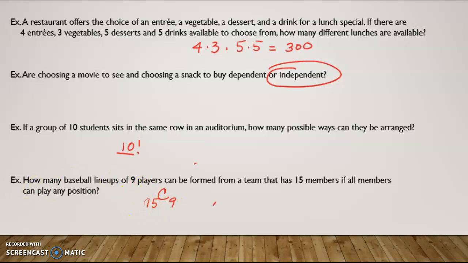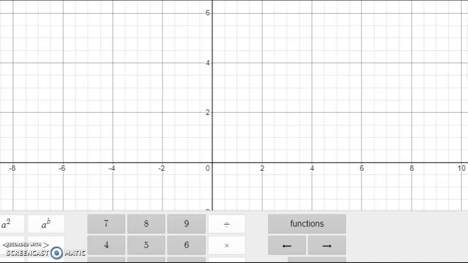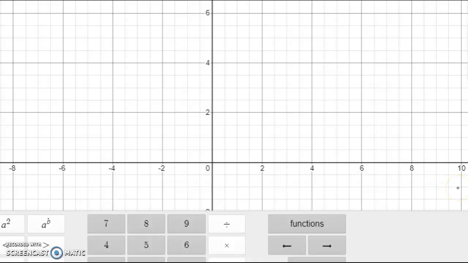All right. Now, the last one, this is really just trying to get you used to being able to put these into a calculator. So it would just be a matter of permutation of 6 objects taken 6 at a time.